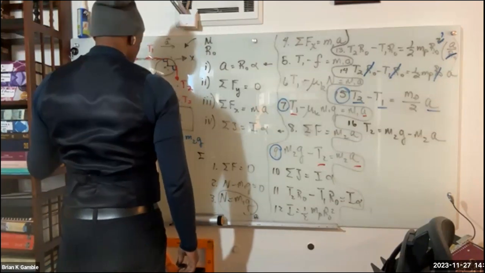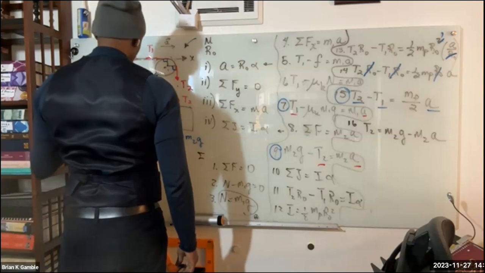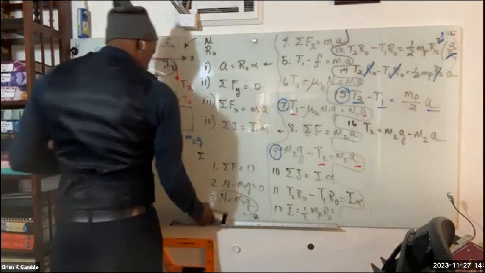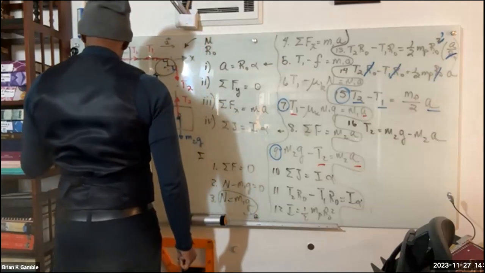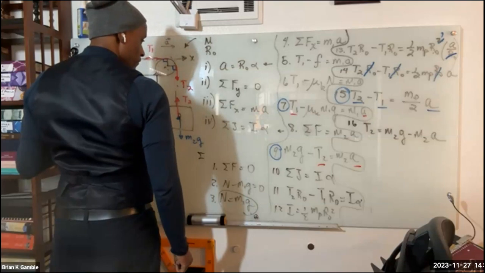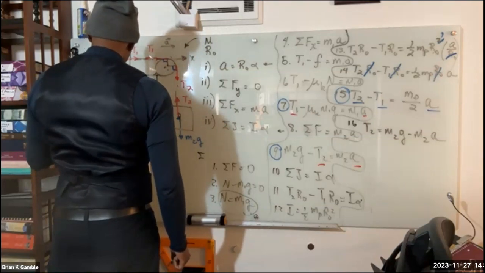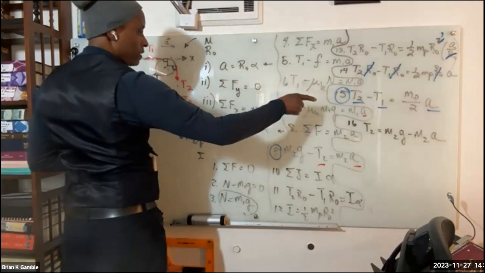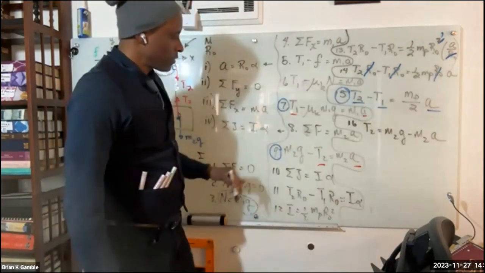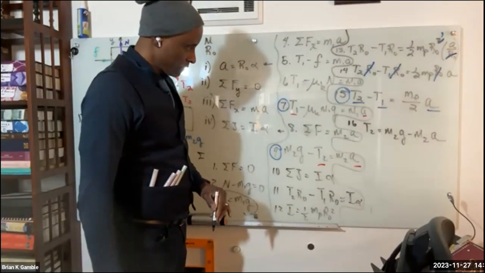So T2 is equal to M2G minus M2A, and then T1, so there's a minus sign here, but then we have T1 minus mu K M1G, M1A.